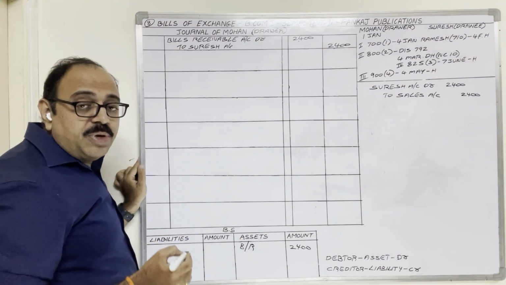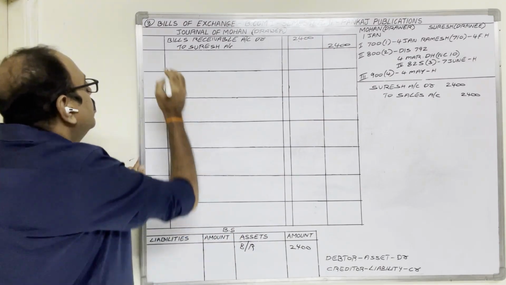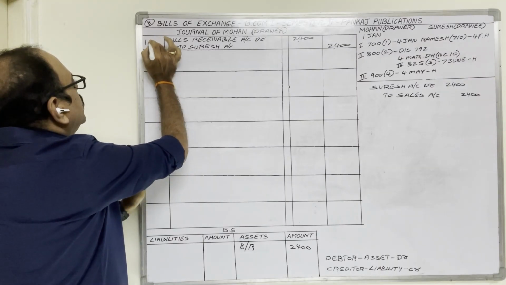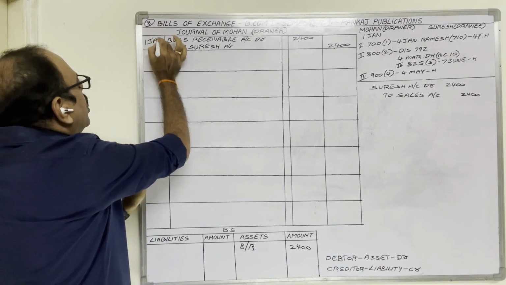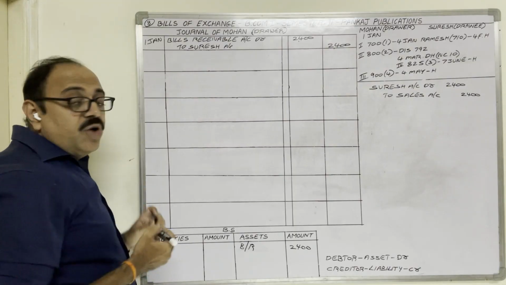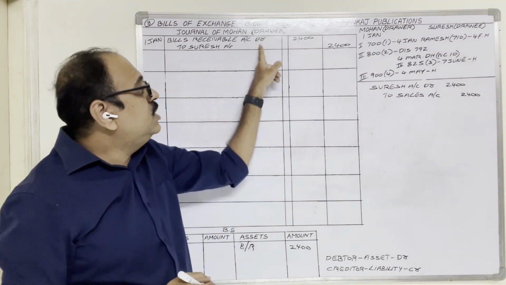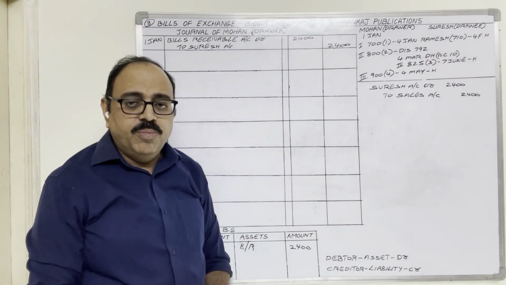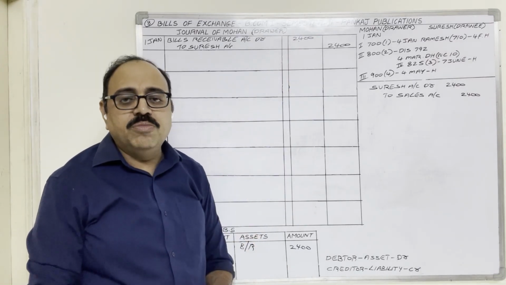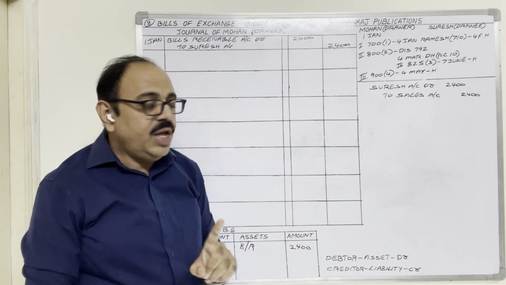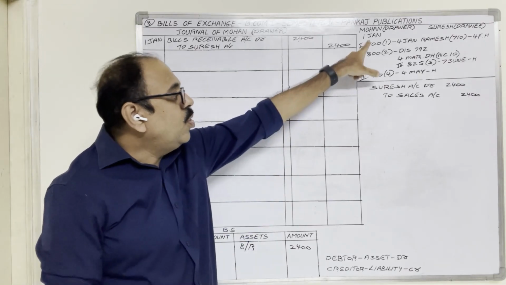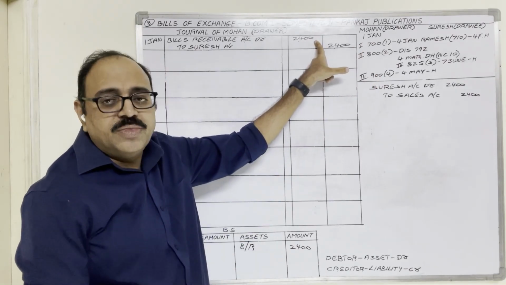Acceptance is received on 1st January, no? Mention that date, 1st January. The year is not available in the question. And one more point: three bills are there, no? We need not write three separate journal entries because the date is the same and the entry is the same. So we write only one entry. In the amount, we show the total of these three bills. That is enough.